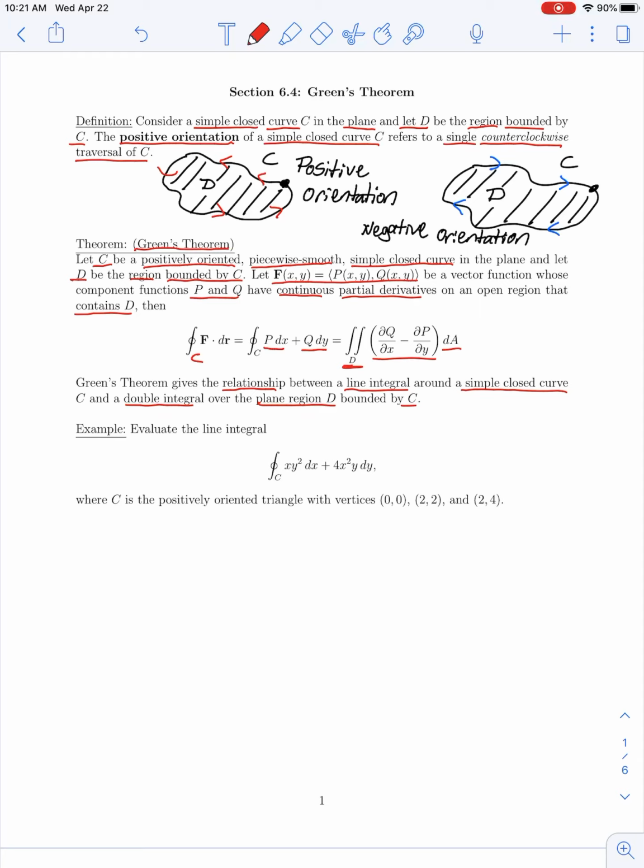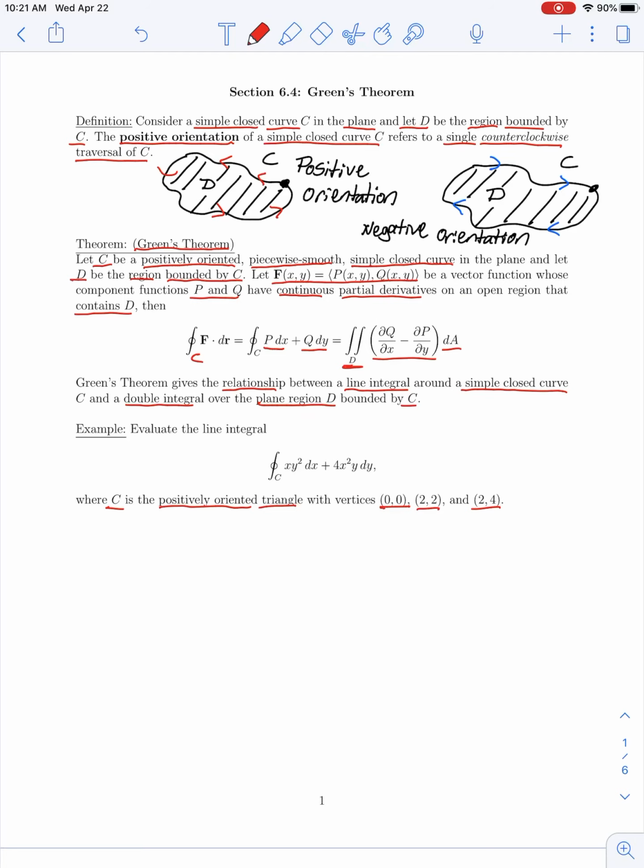And let's look at this first one. We are asked to evaluate the line integral of xy squared dx plus 4x squared y dy over the closed curve C, which is defined to be the positively oriented triangle that has vertices at the origin, 2, 2, and 2, 4.